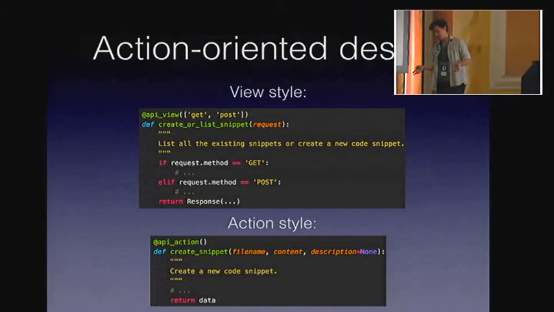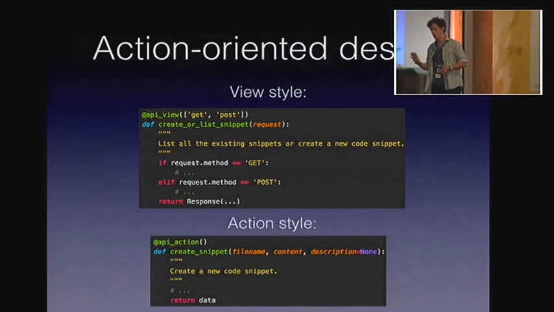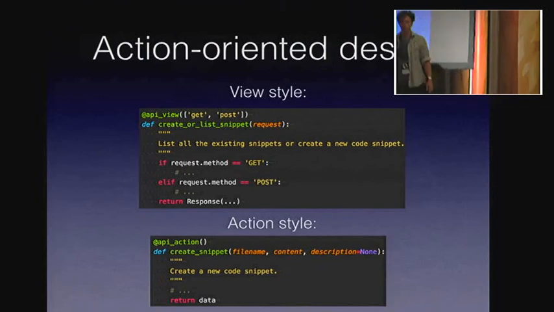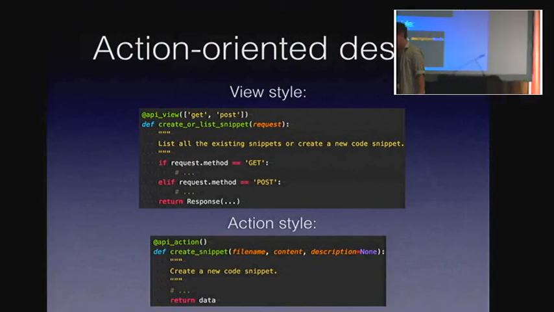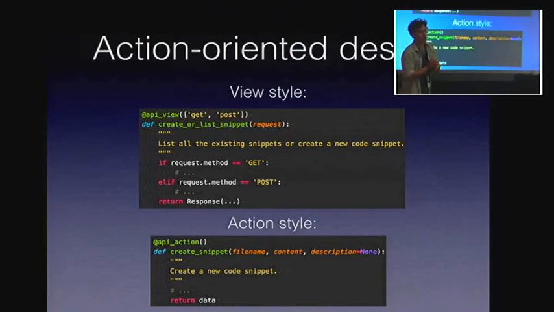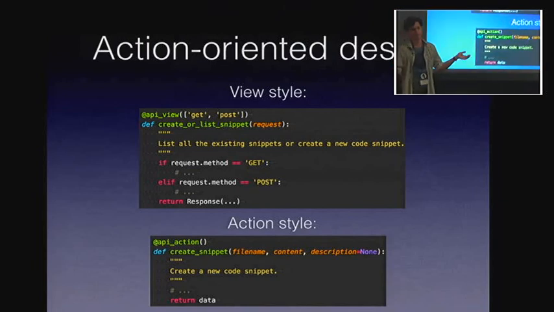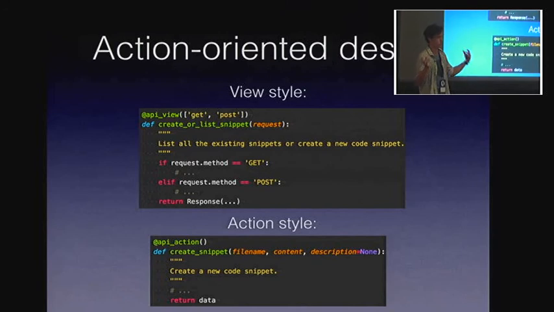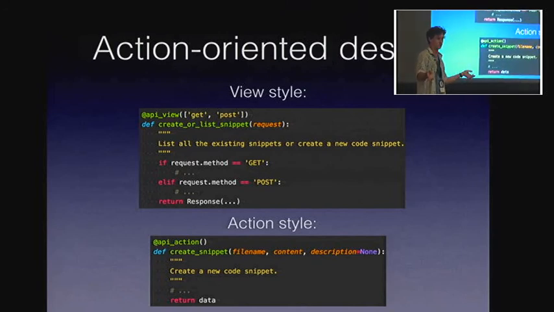What would actually be quite nice is if we were writing at a level of abstraction that is all about what parameters can be passed to this action, to this endpoint, and what data is returned from it.